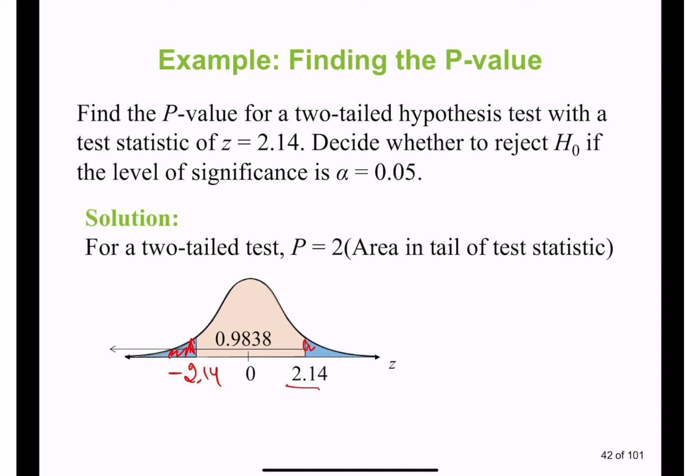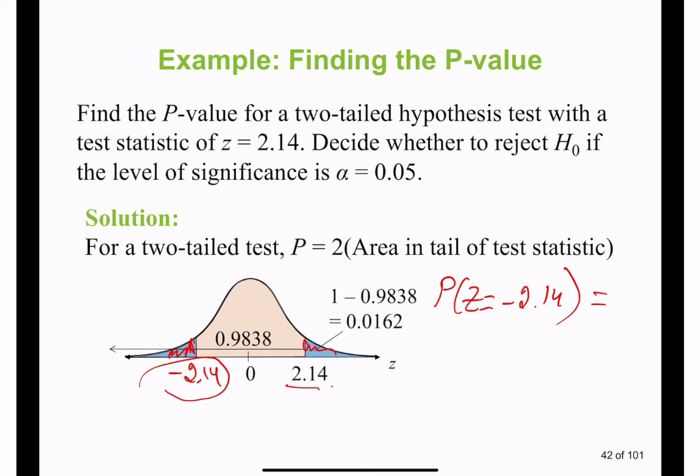The easiest way is to find the probability for z-score equal negative 2.14, and whatever value you get, you flip the sign and it's the same thing. If you check z-score negative 2.14, you should get 0.0162.